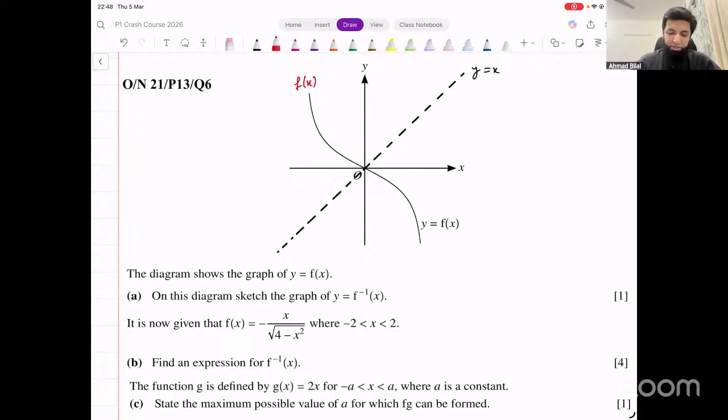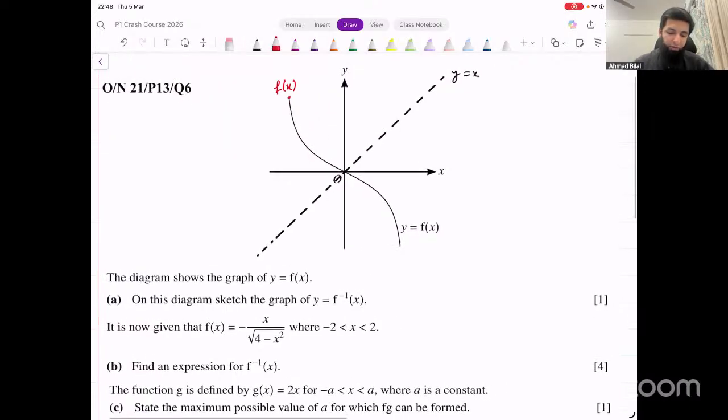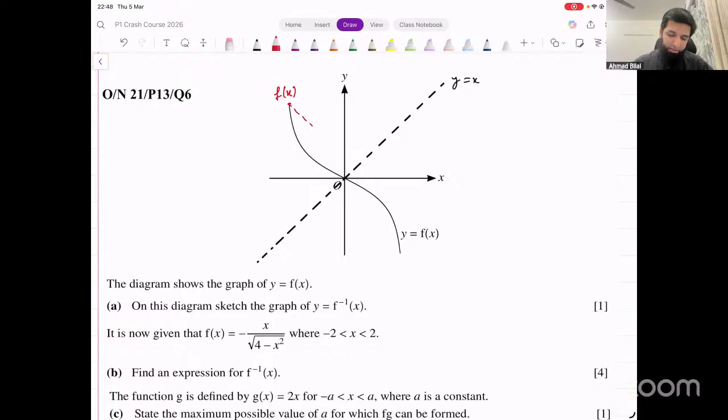So let's suppose this is f of x, right? Take one point on f of x. If I take this point, for instance, this point on top, where will it go after reflection? You'll put your scale and measure the distance that you have on this side. Go the same distance on the other side and mark some point here. That point is going to go there. So this point that I marked there, that comes here.